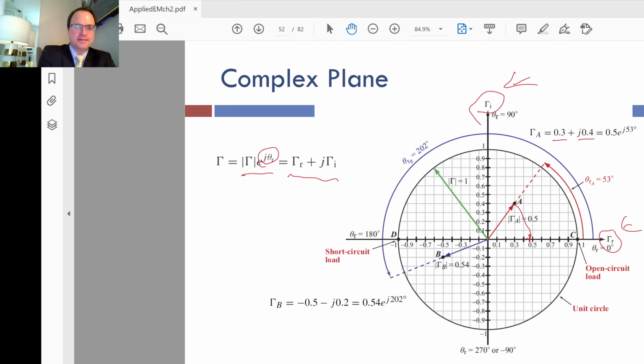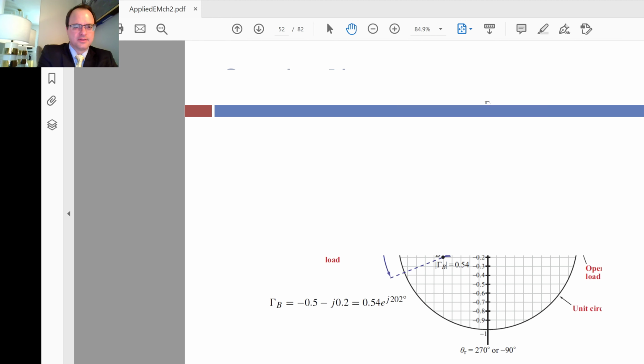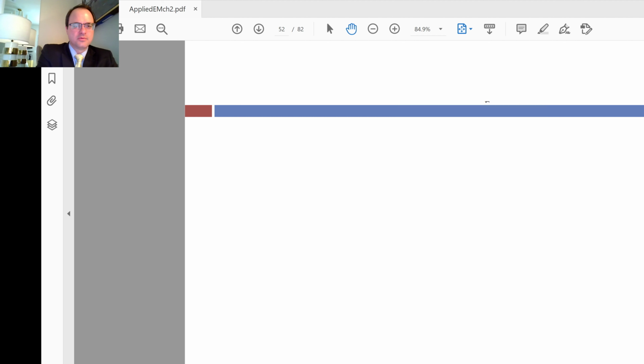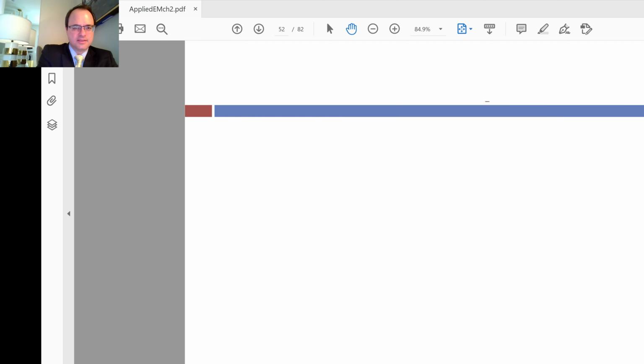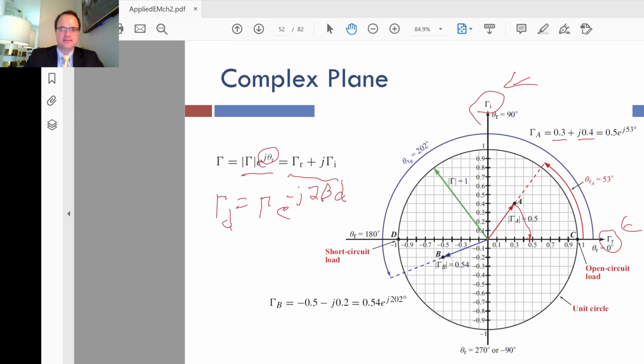But the very next step in this construction, I'll do as best as I can with my poor tools here, is to find the phase shifted reflection coefficient, which is given by gamma times the amount of phase shift, e to the minus j 2 beta d, where d, as you'll recall, is the distance from the load towards the generator.